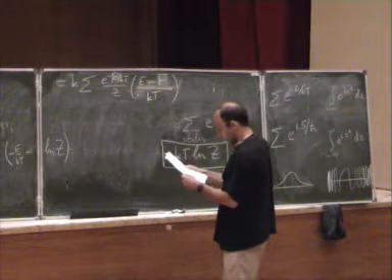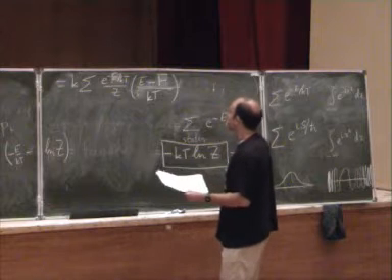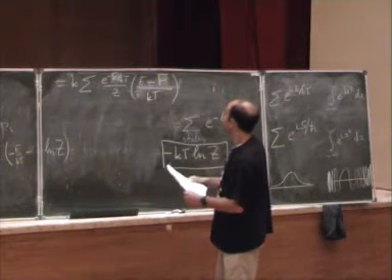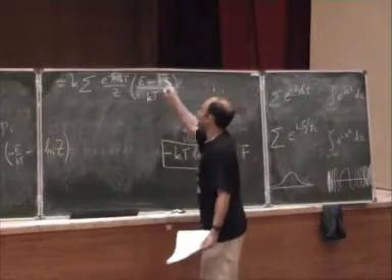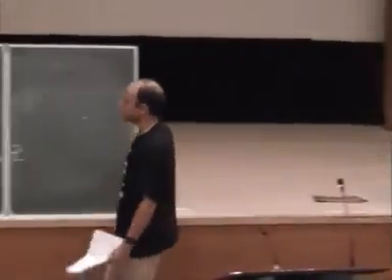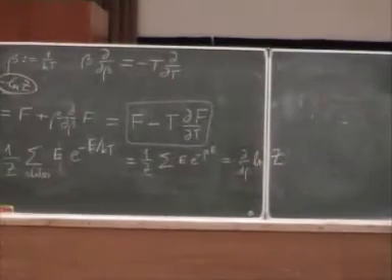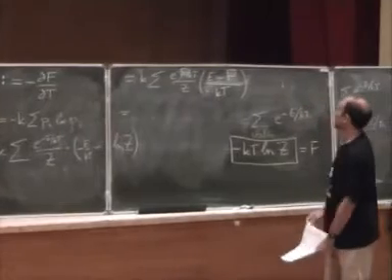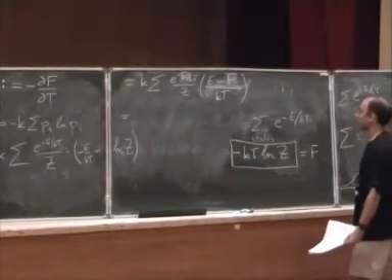Okay, so now E minus F is actually written here. Now I take the average.